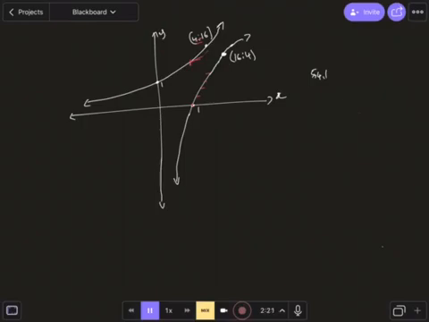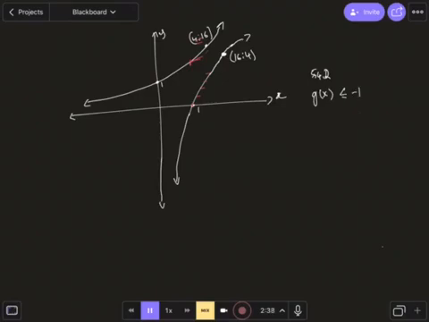So what are they saying for question 4.2? g of x is lesser or equals to minus 1. So we are expected to find that.